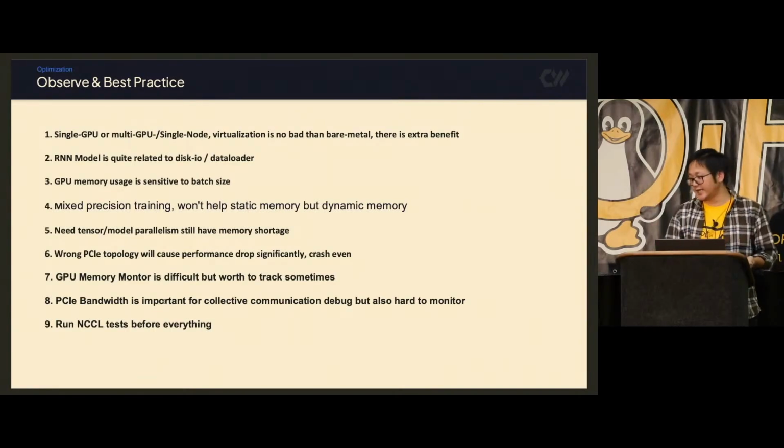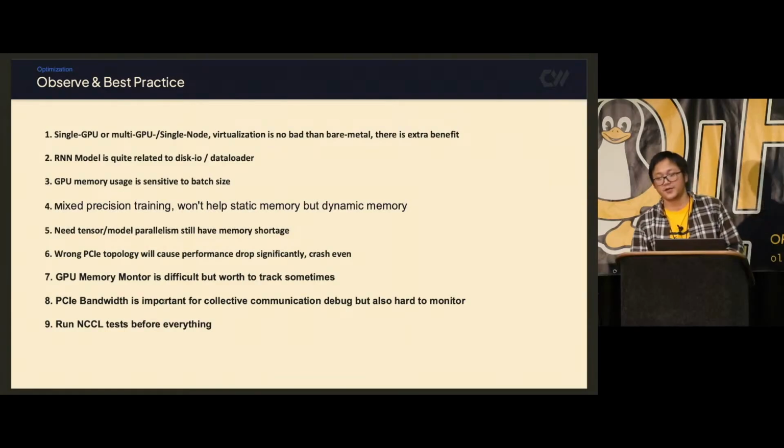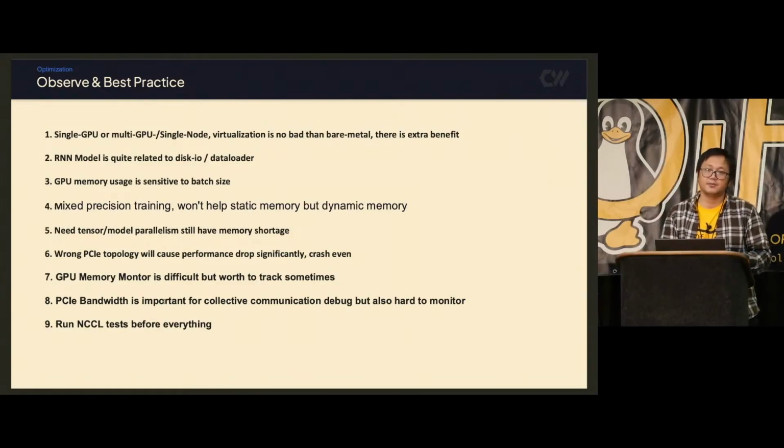For example, when doing GPU-to-GPU connection, it uses NVLink, so it actually needs to know all the hardware information. If we feed it wrong information, we could see the performance immediately drop to 50%. And sometimes it even crashes the whole system.